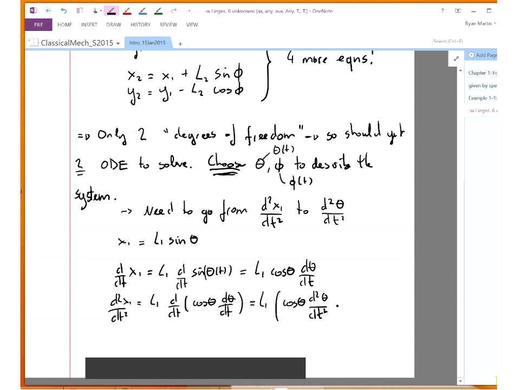Right, and then the derivative of cosine is minus sine. So then it's minus sine theta. And then because of the chain rule, there's a d theta by dt. And then I multiply again the d theta by dt. So it's d theta by dt squared. Everybody happy with that?